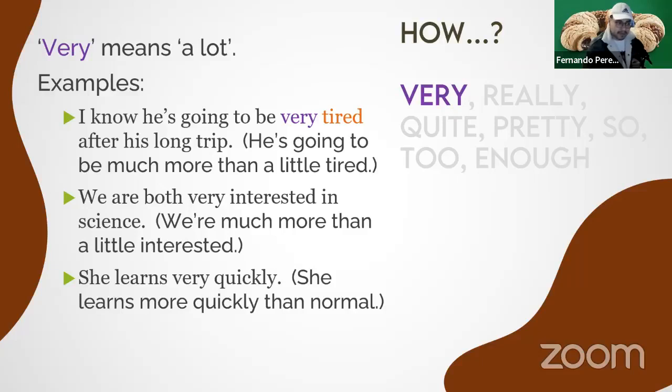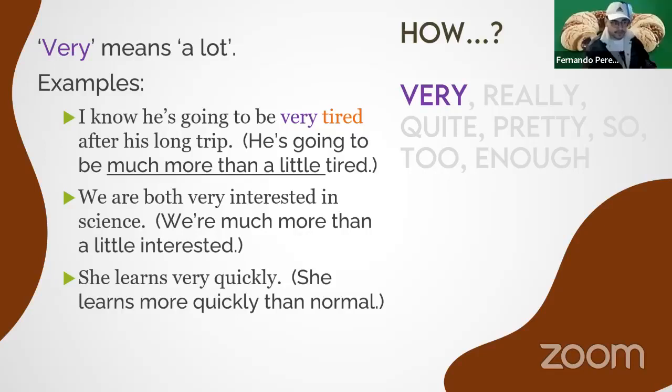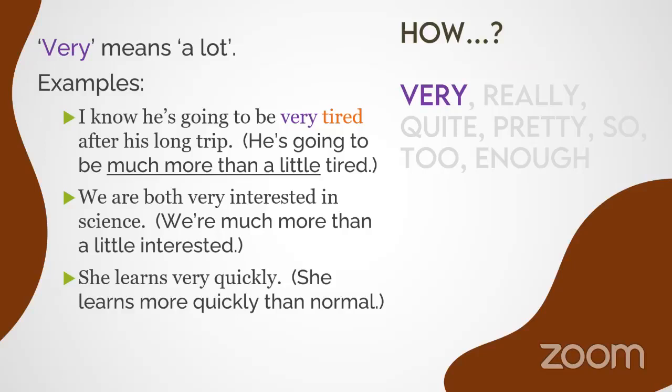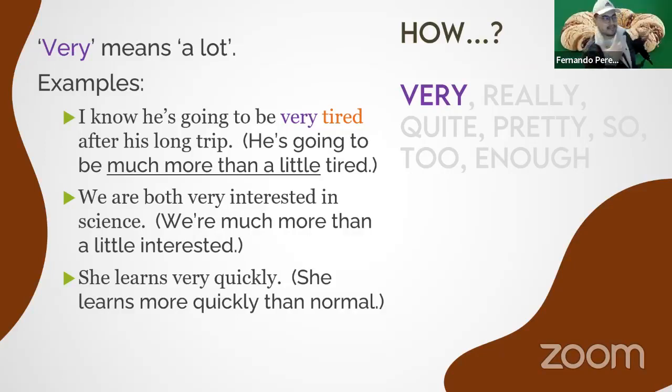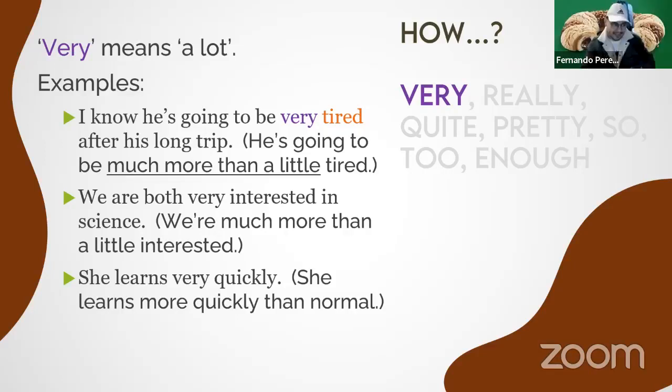You need to pay attention to the words that you have on the screen, so you make the correct association, because it's not similar to more only. Much more than a little. Got it? Yes, I got it, teacher.